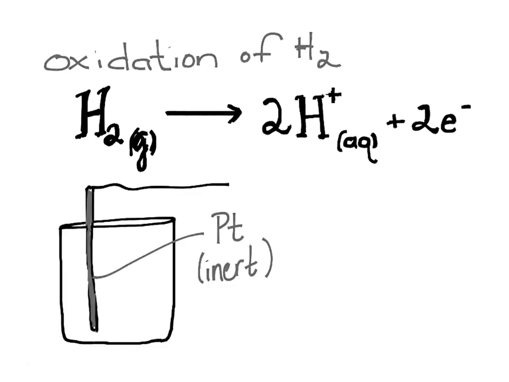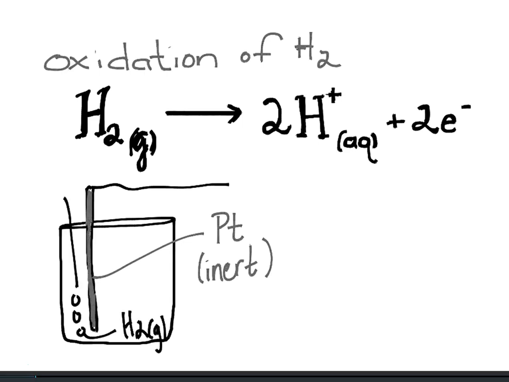In this case, we need a platinum electrode, which is an inert metal that will be used to transfer the electrons. Here we have hydrogen gas that's bubbled in from an outside source. That hydrogen gas is present under standard conditions at 1 atmosphere. And then hydrogen ion would form, and it would increase the hydrogen ion concentration in the solution.